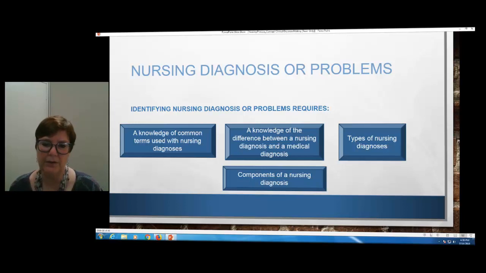A medical diagnosis, on the other hand, is one that attaches a diagnosis to a set of symptoms, an actual diagnosis of a disorder. It is done by the physician. It could be done by a nurse practitioner or a physician assistant, but it's usually going to be something like, with the symptoms that we talked about before in the previous slide with the respiratory infection, the medical diagnosis perhaps for this patient would be pneumonia.